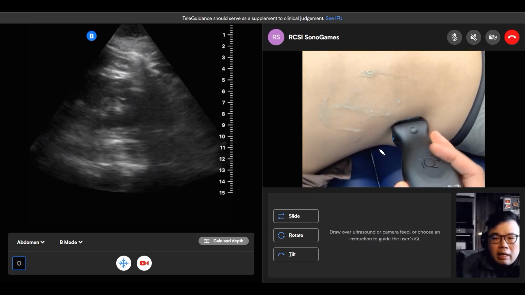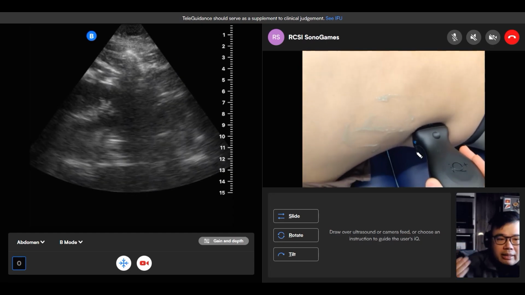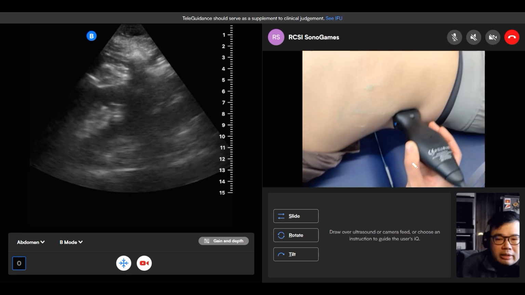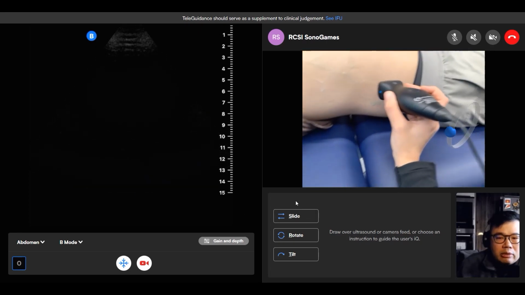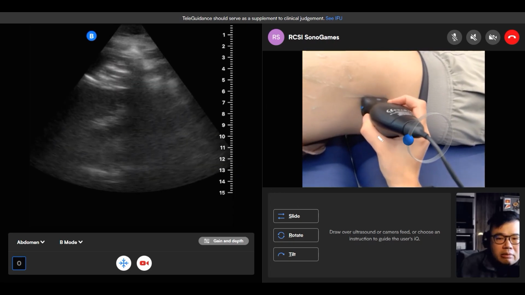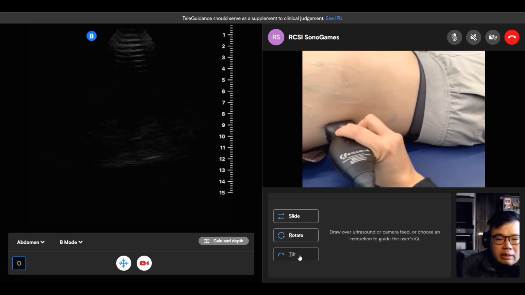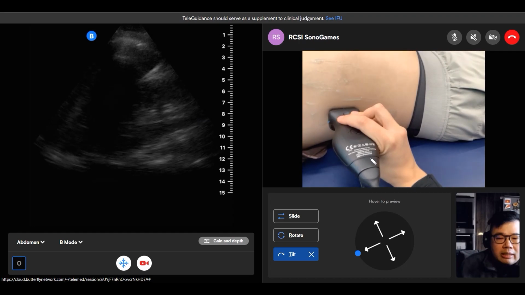If you can bring the iPad back so I can see the tail of the probe, I can give you some direction as well. If someone else will hold the iPad for you, that would be great. So what is happening here is if you tilt the probe, just show me the tail of the probe again.